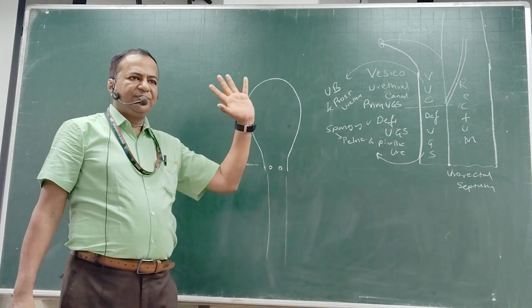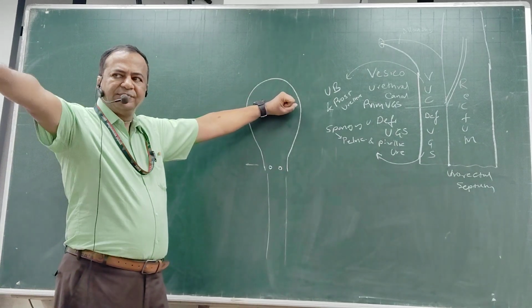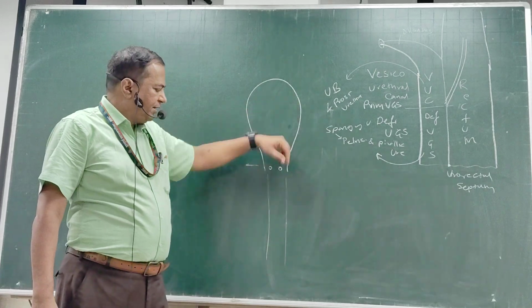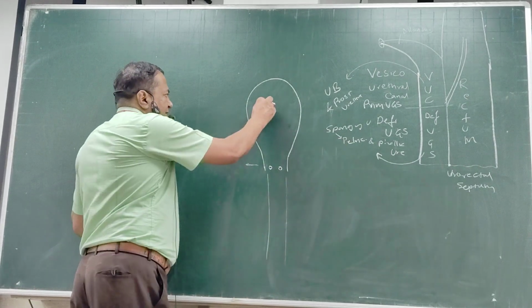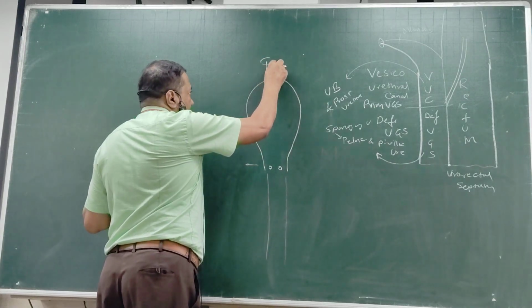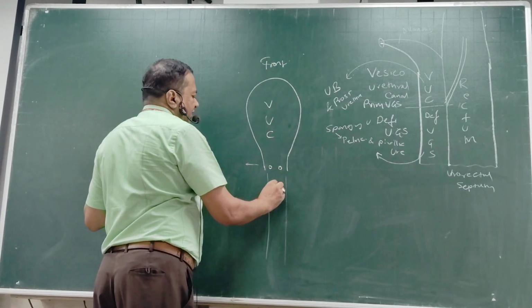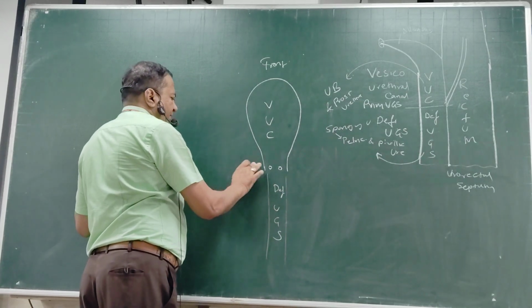From here there will be allantois. That allantois will obliterate and form median umbilical ligament. And this is the definitive UGS. So this is front view. This is vesicourethral canal and this is definitive urogenital sinus.